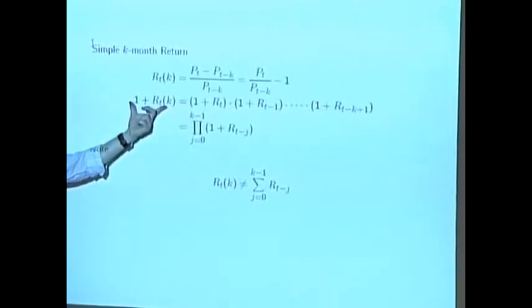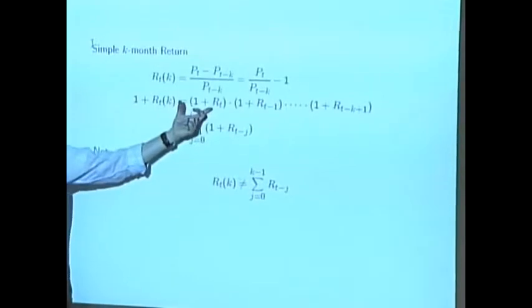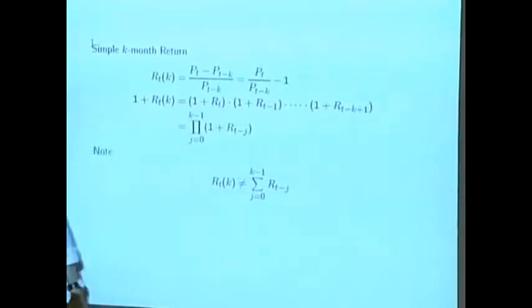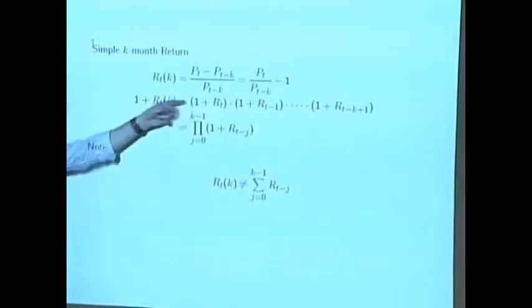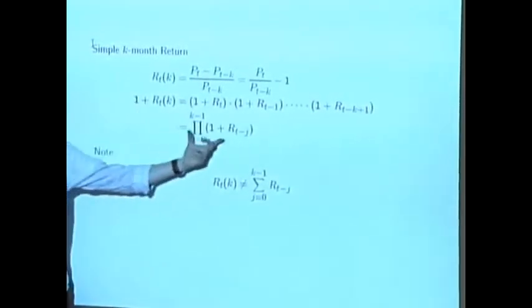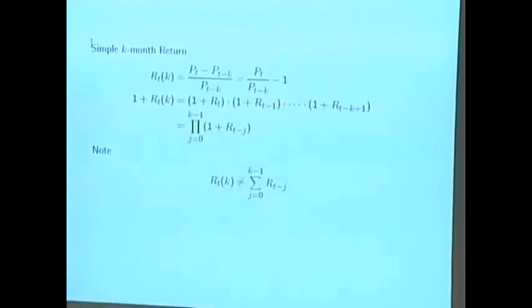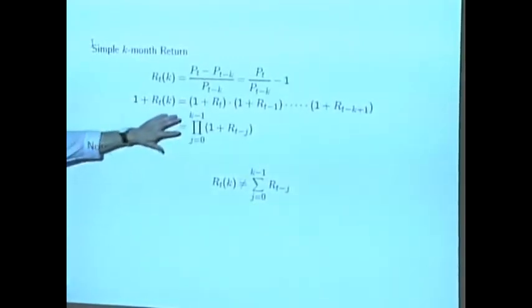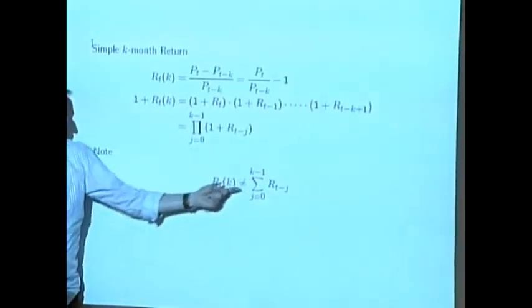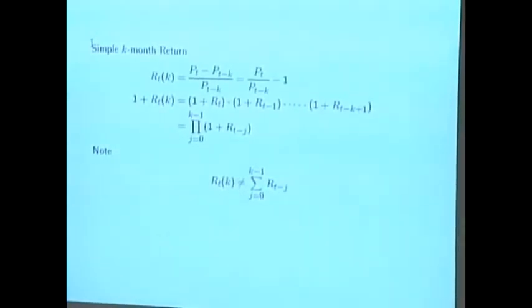What's the relationship between the 2-year gross return and the 24 1-month returns? Well, it's this multiplicative relationship. This is called a geometric average. So the 24-month gross return is the product of all of these 24 1-month returns. And again, it's multiplicative. It's not additive. And so we don't have this relationship here because of all the cross-product terms.